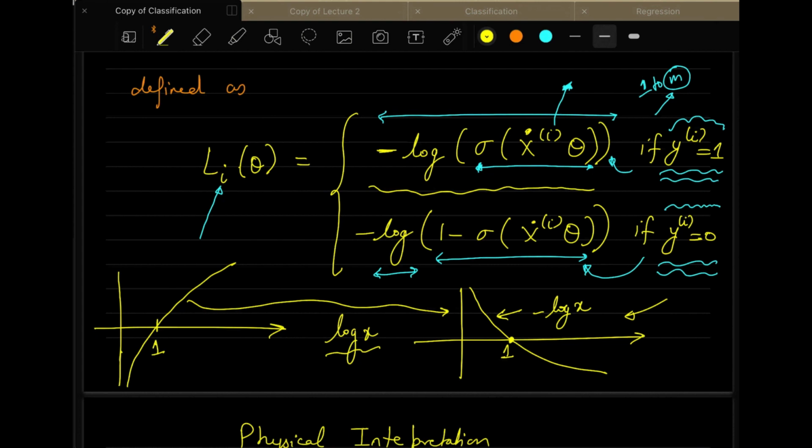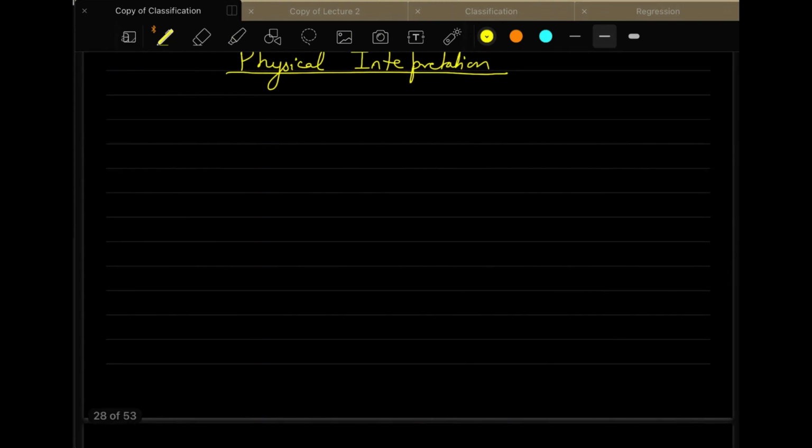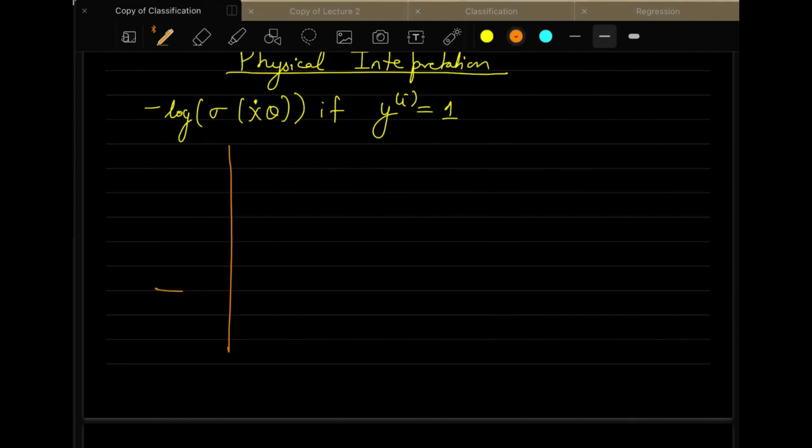So let us see what it means when you are saying minus log of sigma x dot theta if yi is 1. So now we will draw this particular curve here. As we have already discussed, the minus log x will be like this.